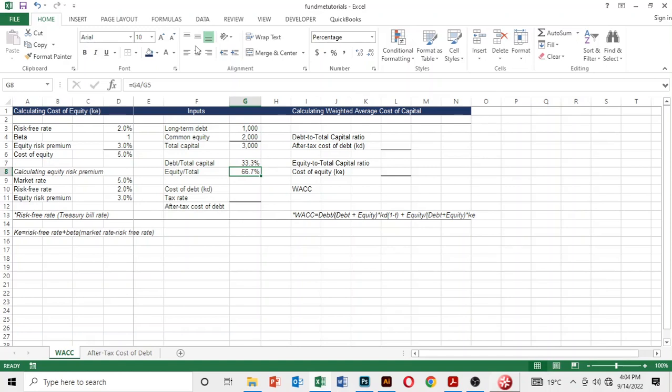66.7%. So which means, mind you, that when a company raises debt, it only has to pay interest payments, of which the interest payments are tax deductible, right? So this doesn't dilute the shareholding, or the number of shares. But when the company raises equity, then it dilutes the earnings per share, right?